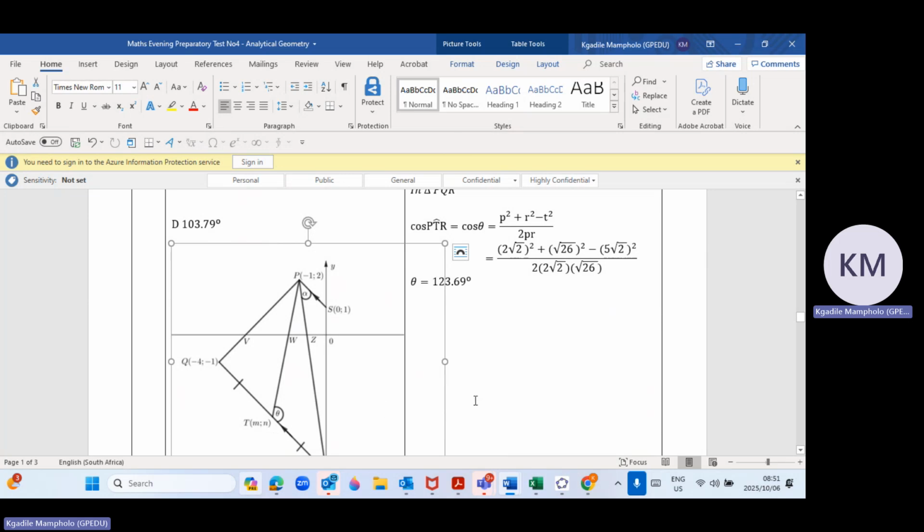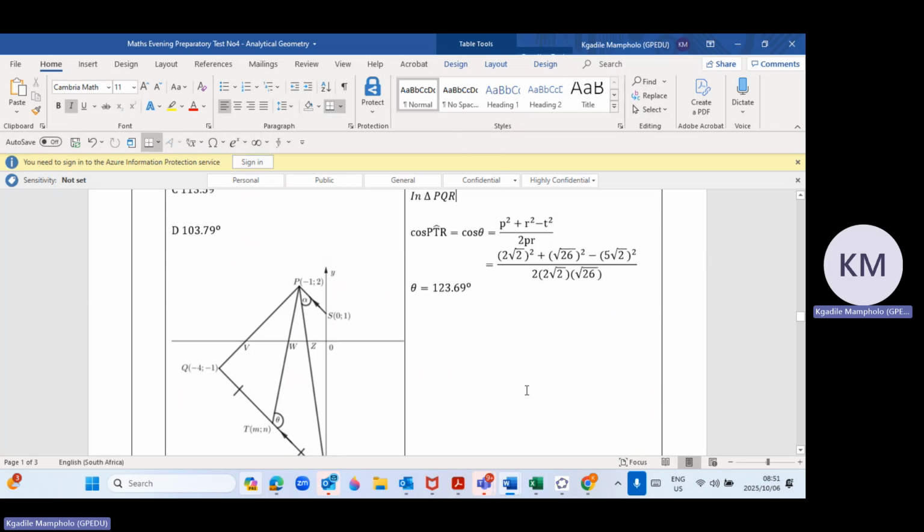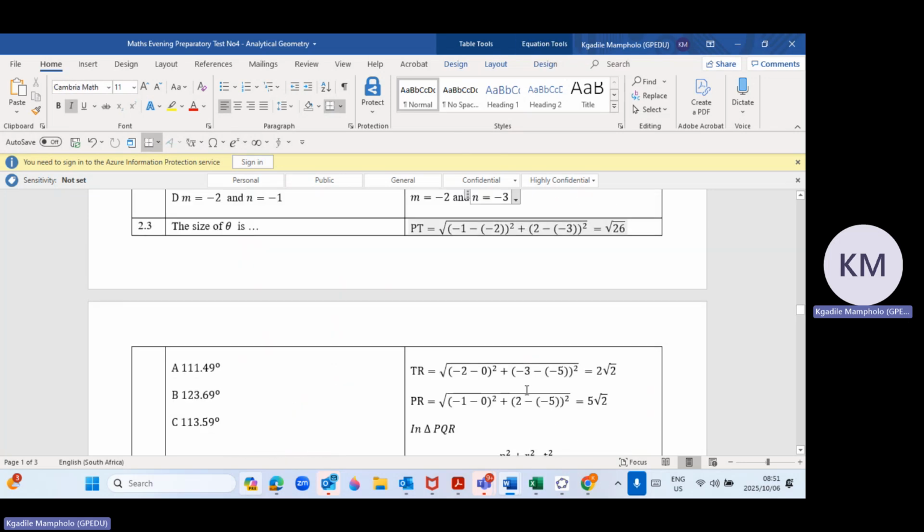Then you use the distance formula: x of p is -1, x of t is -2, which we calculated in 2.2. Then y of p is 2, and y of t is -3, which we calculated in 2.2. The answer will be root 26.